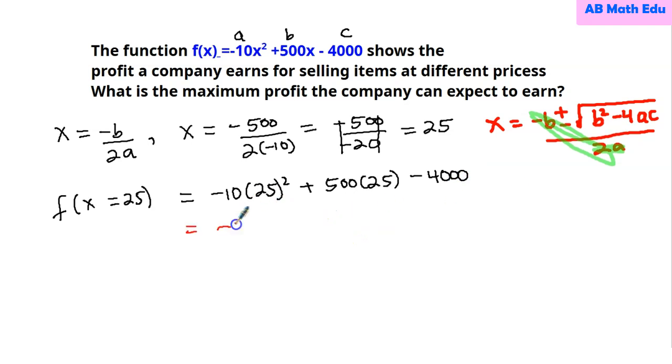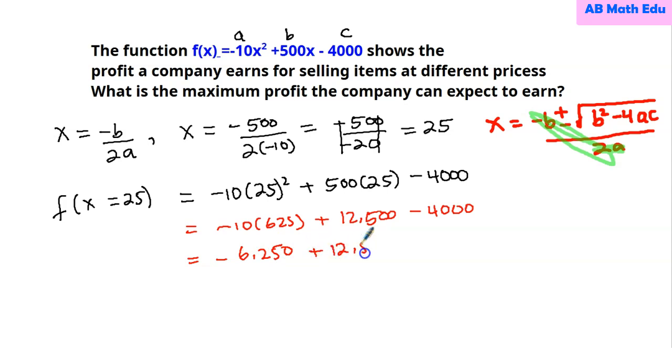So as you do, you get negative 10 times 25 times 25, which is 625, plus 500 times 25 will give you 12,500, minus 4,000.